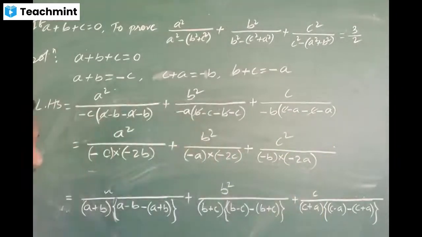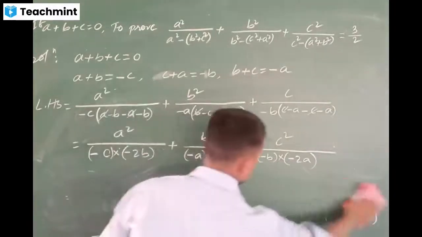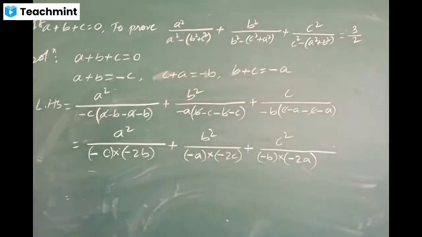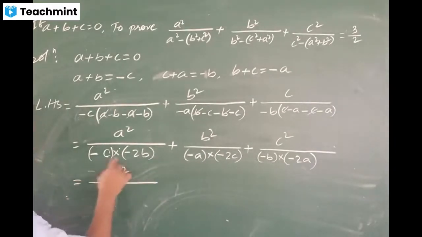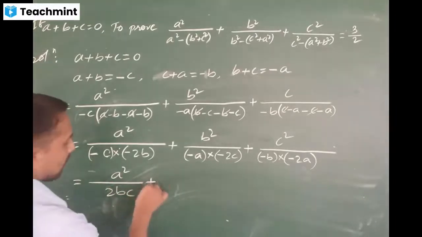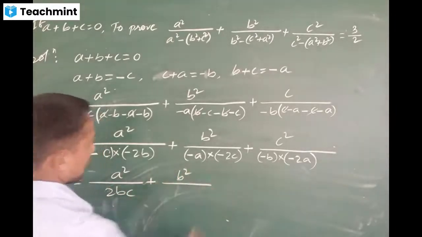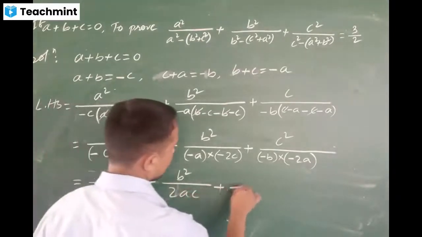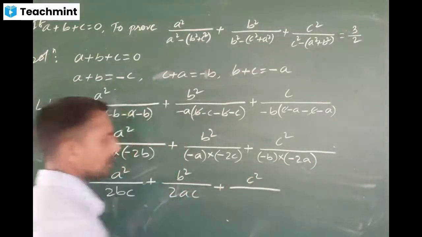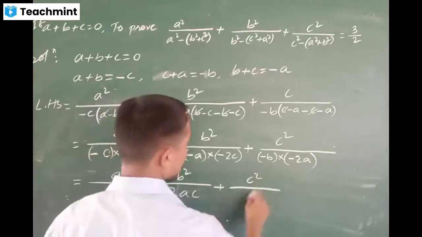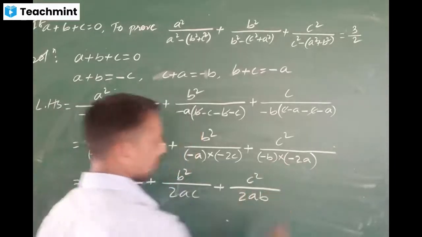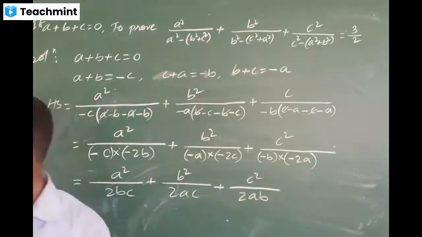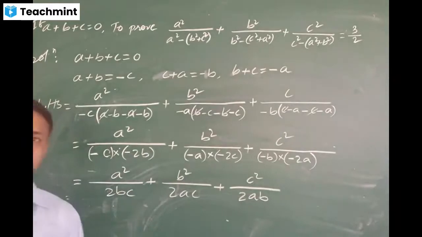After this, let us complete this part: a square twice bc plus b square twice ac, or ca, plus c square twice ab. Twice ab. Done?